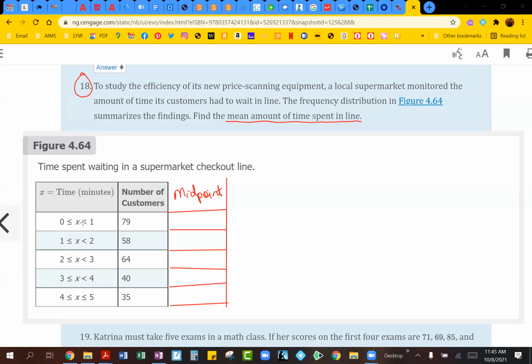So like in the first category, we will be adding, and I guess I'm going to do that here, 0 plus 1 divided by 2. For the second interval, we will be doing 1 plus 2 divided by 2. So you get the idea. And we'll need to do that for all 5 of these intervals. So go ahead and calculate your midpoints and then tell me what those 5 numbers should be.